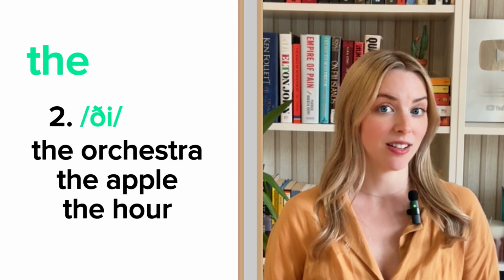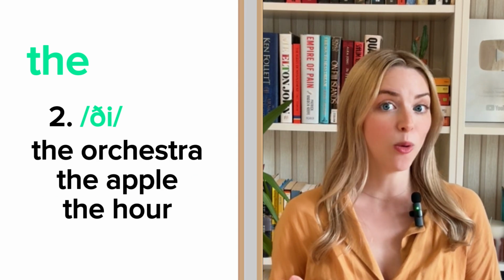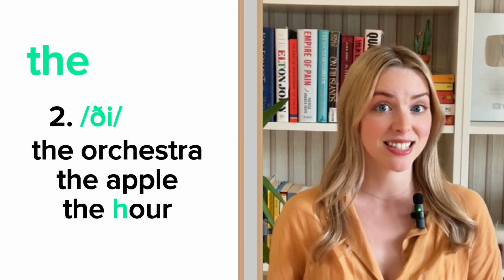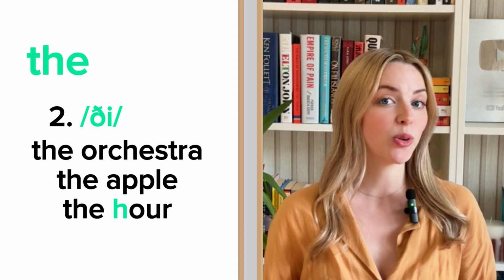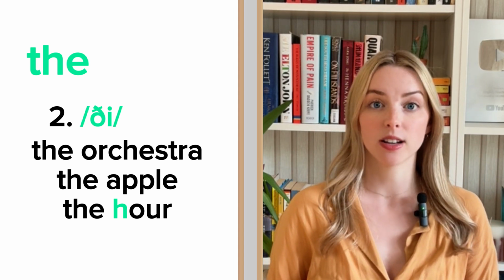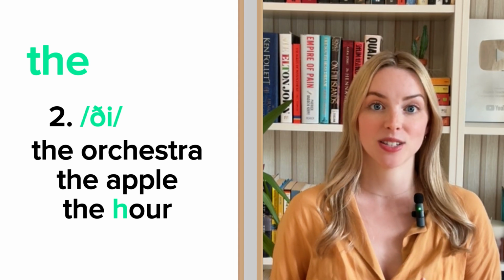The orchestra, the apple, the hour. Again, hour starts with the consonant H, but we don't pronounce the H sound in this word, so it begins with a vowel sound.